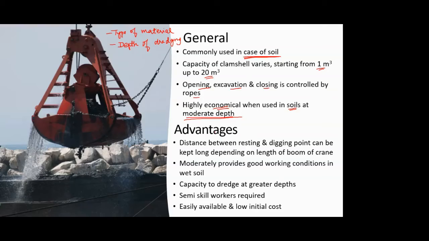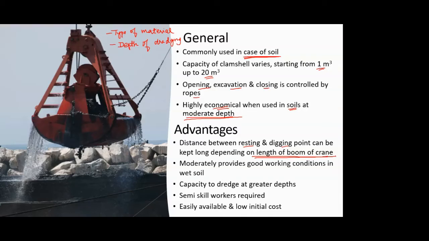And the advantages, if you see: the distance between the resting and digging point can be kept long depending on the length of the boom, of course. As I told you, the crane is able to revolve 360 degrees. So even if you dredge from a few meters away from your dredger, you can dump it in the hopper placed near the dredger.